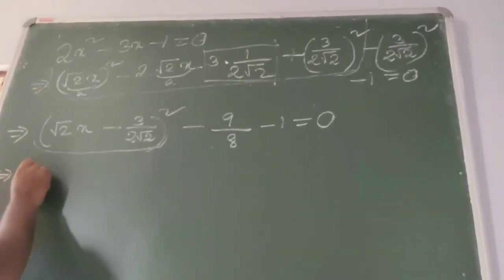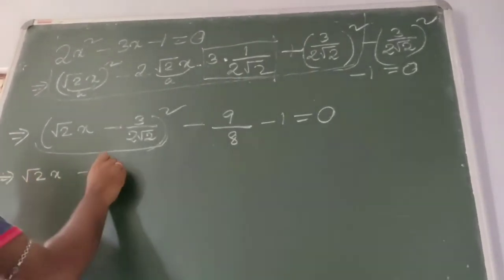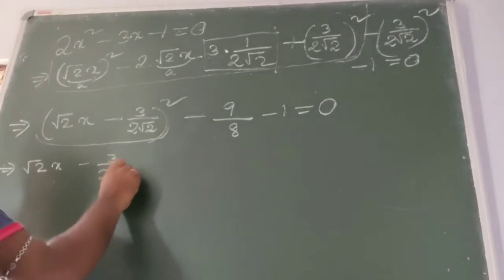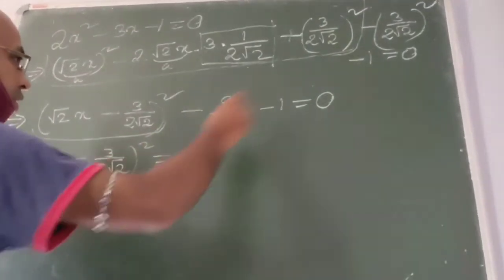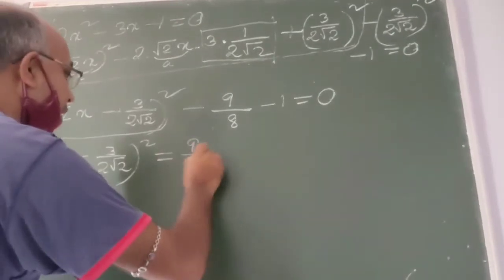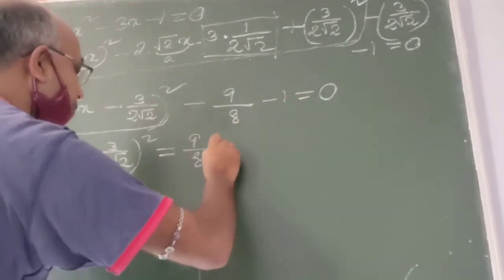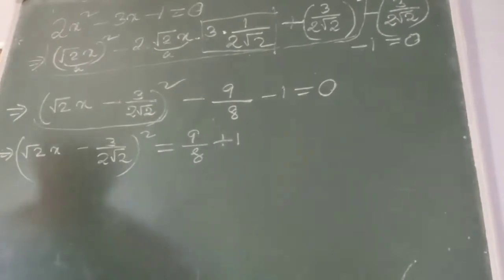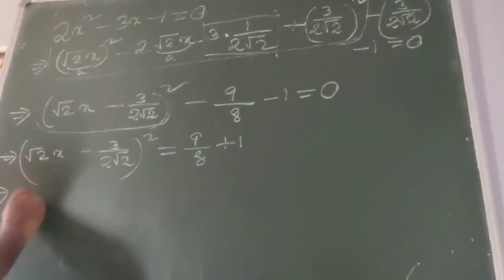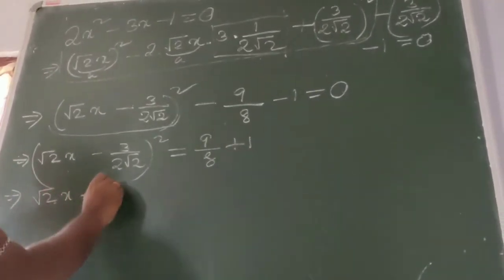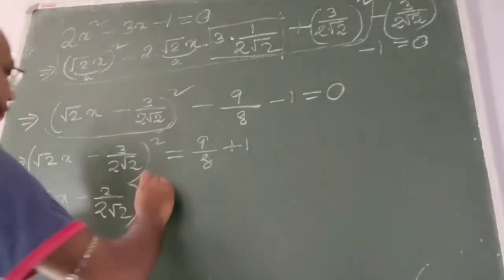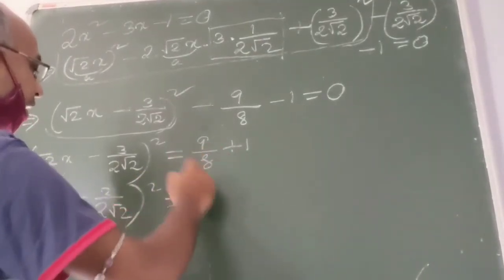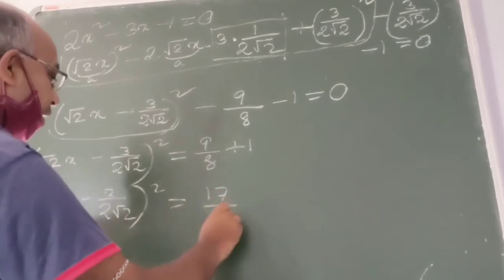Now we'll keep this one this side and rest will shift to that side. So, root 2x minus 3 by 2 root 2 whole thing square is equal to, just shift it this side, 9 by 8, minus comes this side, plus 1. If you take LCM, it was 8, 9 plus 8 is 17 by 8.